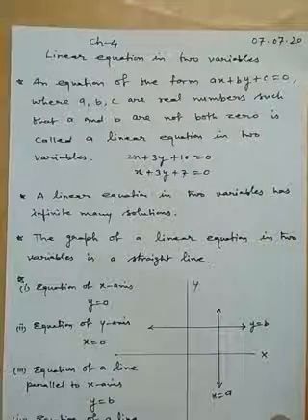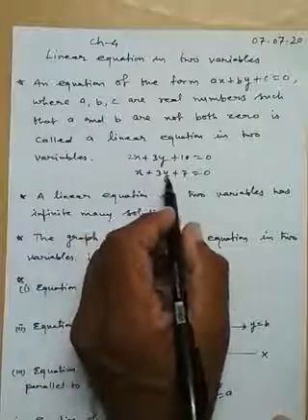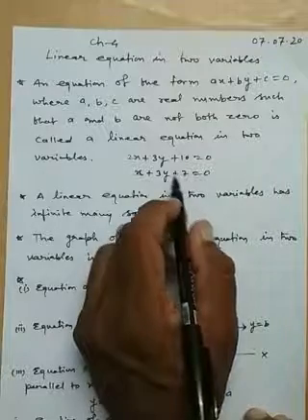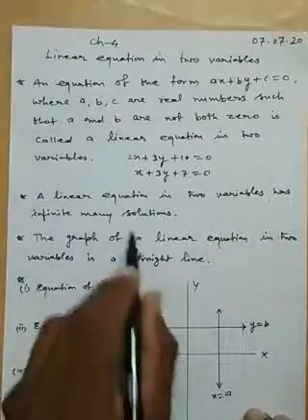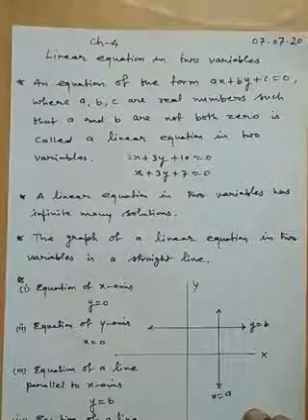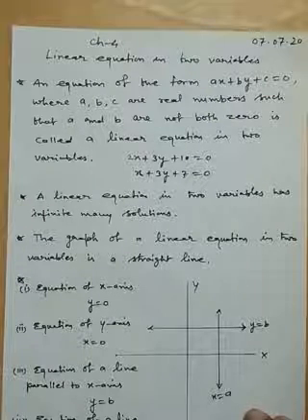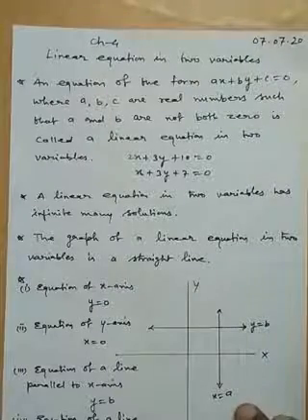Next, the solution. Solution means those values of x and y satisfying this equation are called the solution. A linear equation in two variables has infinitely many solutions, because infinitely many points are lying on the graph of the linear equation in two variables.